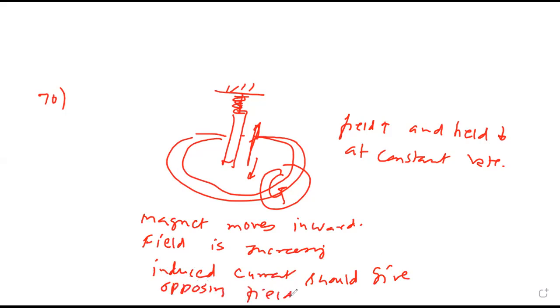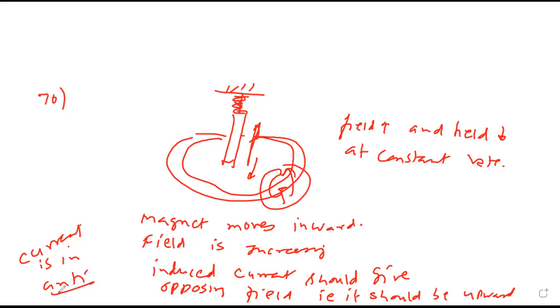So if the field is coming upward, then the current is anti-clockwise. The field should be upward, so it will oppose the field of the magnet. So the current is anticlockwise, and the field will be upward, which opposes the downward one.